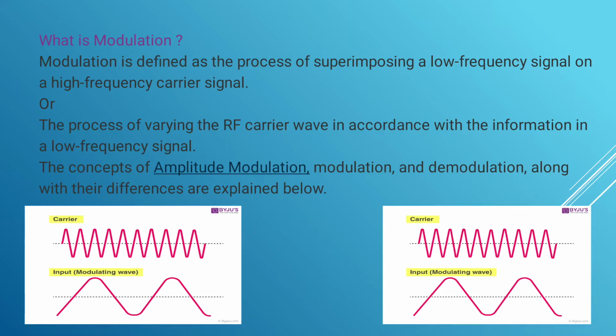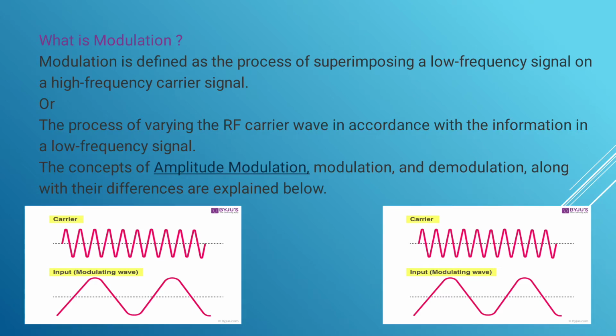Another definition is the process of varying the RF carrier wave in accordance with the information in a low frequency signal. The concepts of modulation and demodulation along with their difference are explained below.